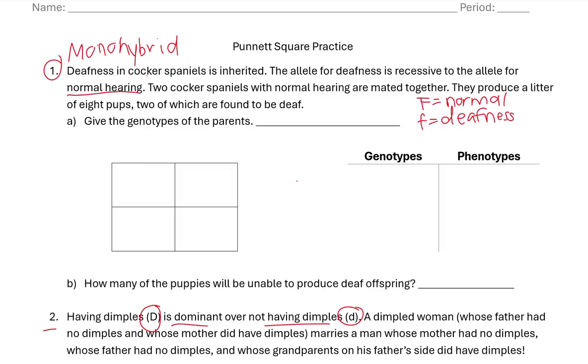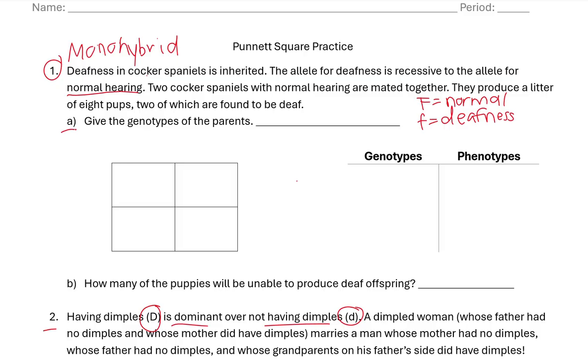Okay, then part A asks you to give the genotypes of the parents. It doesn't explicitly tell you, but it does give you a clue. It says 2 Cocker Spaniels with normal hearing are mated together.